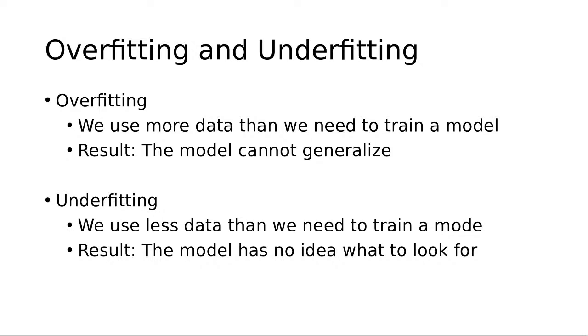Okay, so the long and short of it is, in order to avoid either case, we need to use just the right amount of data to train our model as well as to test how accurate our model is. So the question then becomes, okay Thomas, we now know what data science is, what machine learning is, what the training and test sets are, and the dangers of overfitting and underfitting.